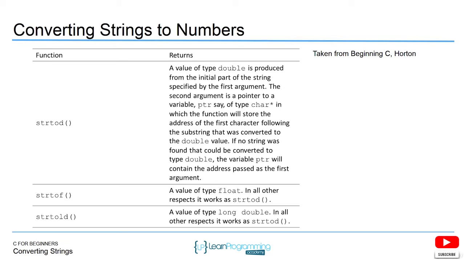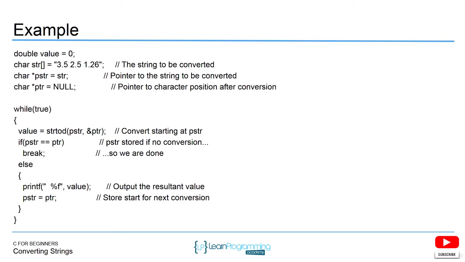So here's an example of doing some conversions. It's very, very basic. Here we have a str character array, 3.5 space 2.5 space 1.26. We have a couple pointers, and we're going through until we jump out if we can't convert it. So we say strtod. We pass in the address of our ptr, our pointer, and we pass in our pstr, which is our string, 3.5 2.5.